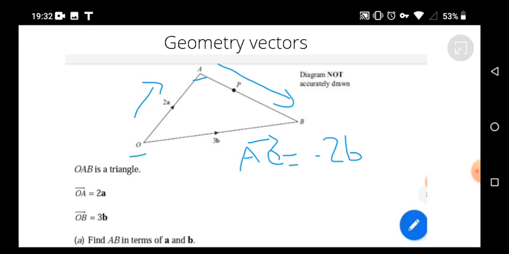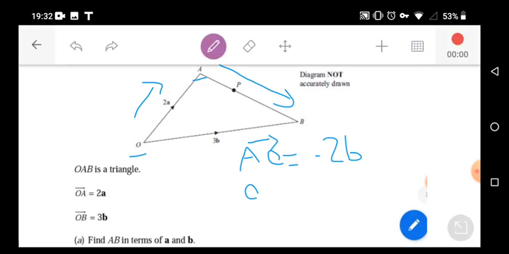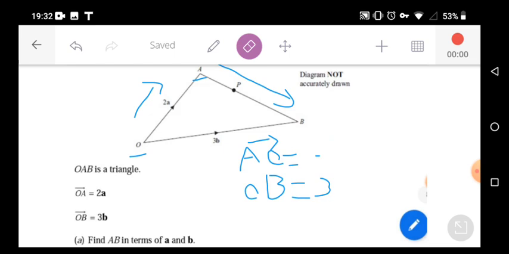So I'm going to then do OB. I'm not even going to draw the direction arrow, that's obvious. So OB is 3B.